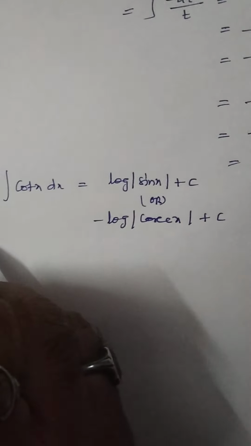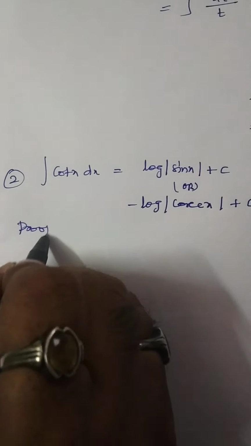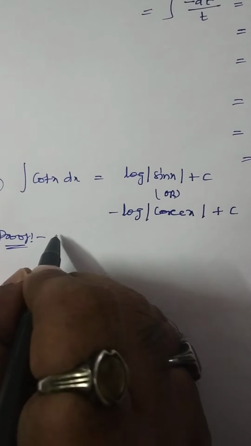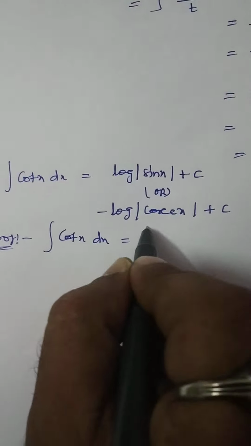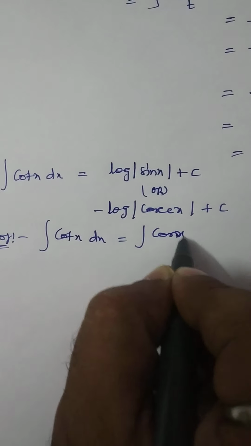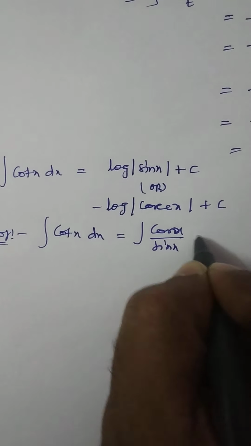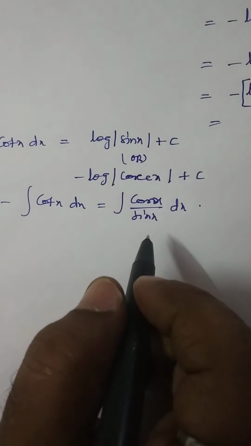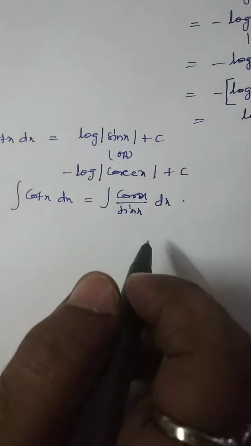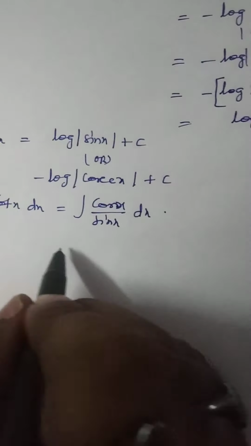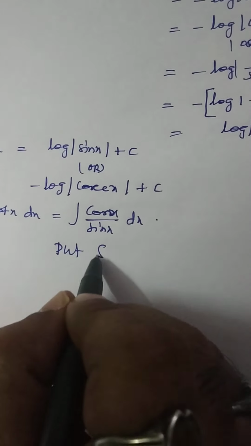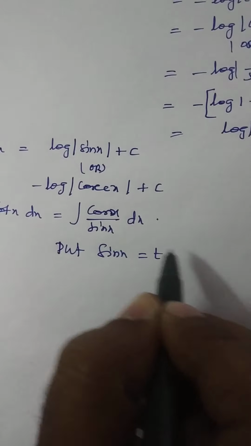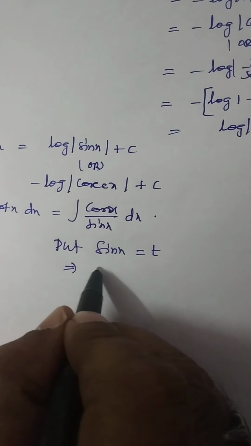So see the proof here. Cot x is nothing but cos x by sin x dx. So here again put sin x is equal to t, which implies sin x derivative is cos x.